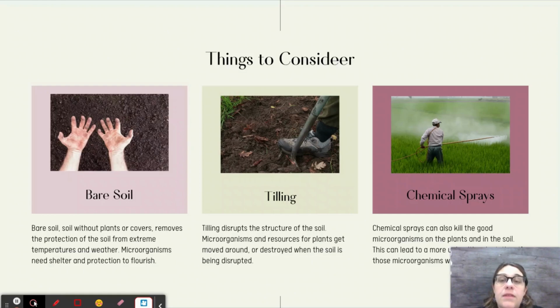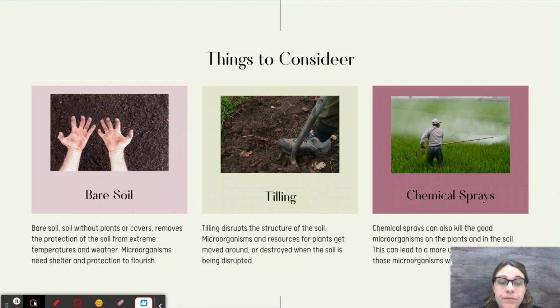It disrupts the microbial growth. Bacteria can grow very quickly in the right conditions. But when we disturb that soil constantly or frequently, it's going to be really hard for the microorganisms to rebound and really grow and thrive to help your future seedlings produce the best fruit or flowers that they can.